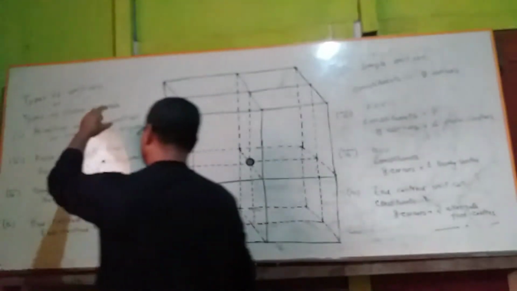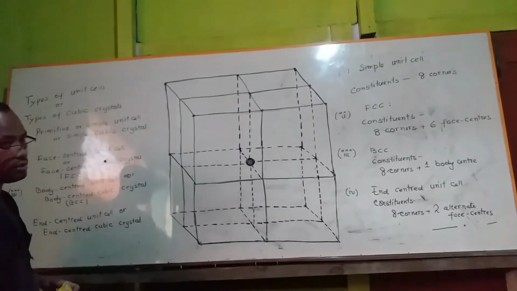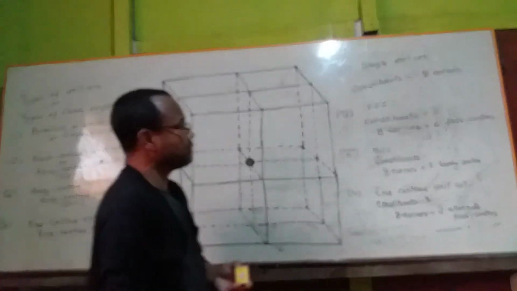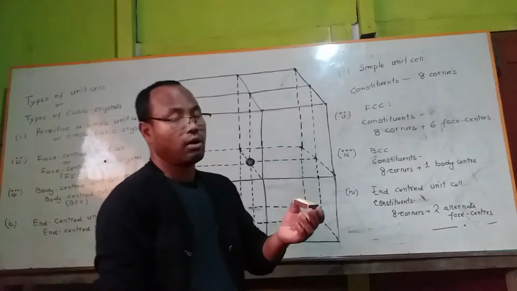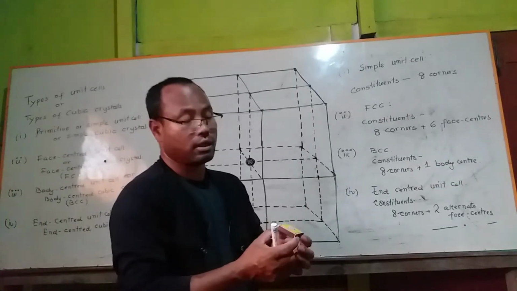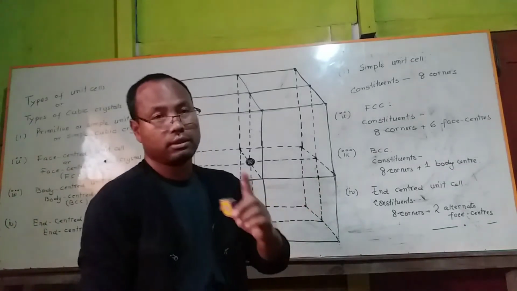Let us discuss what these different types of unit cell are. See here the simple unit cell. Look, this is one of the unit cells. Just count how many corners are present. In a box there are 8 corners.